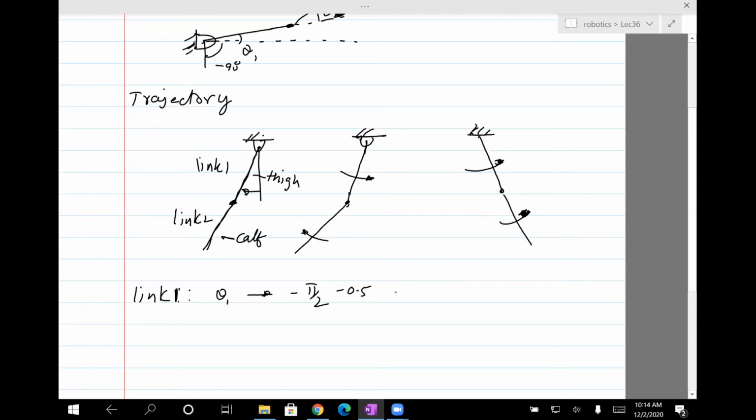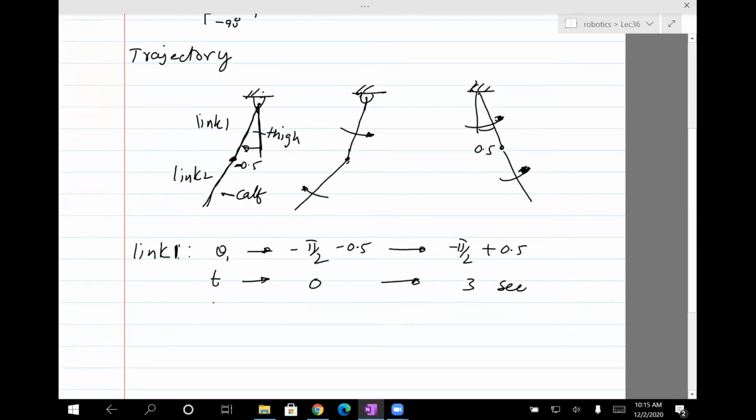Then I want it to go all the way to minus pi divided by 2 plus 0.5. So this is minus 0.5 to plus 0.5 with respect to the vertical. And I want this to happen in 3 seconds, so the time goes from 0 to 3 seconds. So this is for link 1.